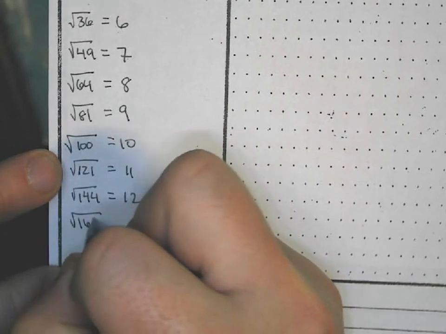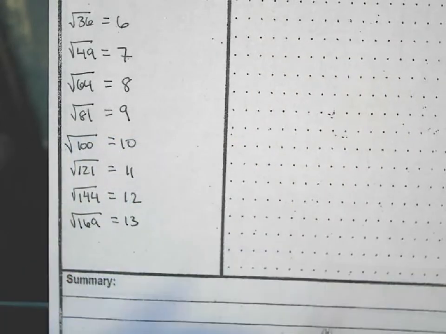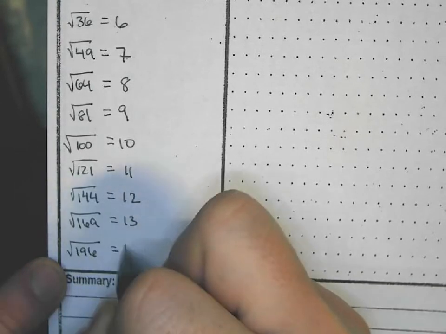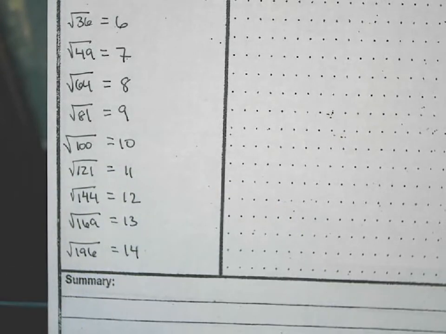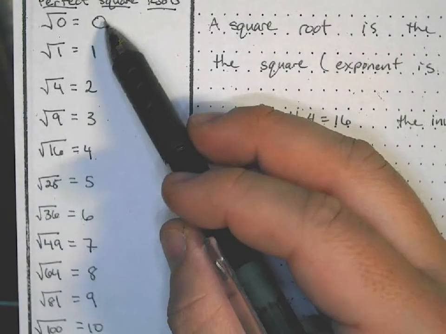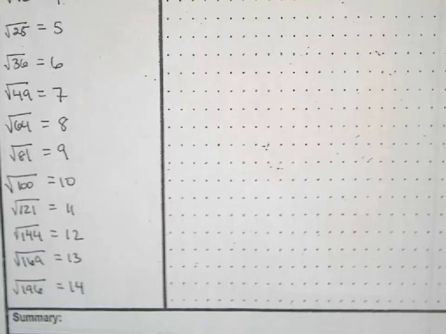Square root of 169 is 13, and the square root of 196 is 14. So that's the first 15 perfect squares. I'm saying 15 because we started with 0.